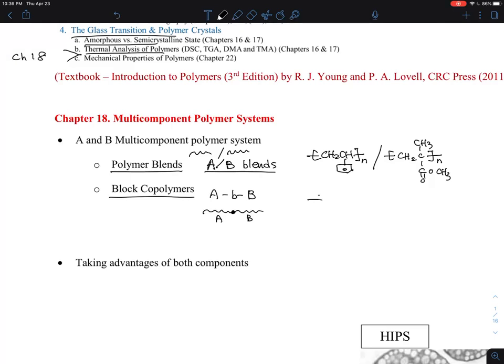Chemically speaking, for example, this is polystyrene. People make the polystyrene first, and at the end of the polymerization, it has to be a living type of polymerization. From the chain end, you start to grow another block of polymer chain, which is MMA.